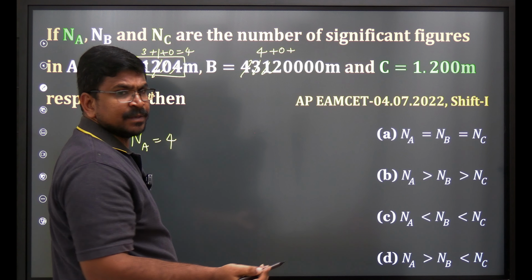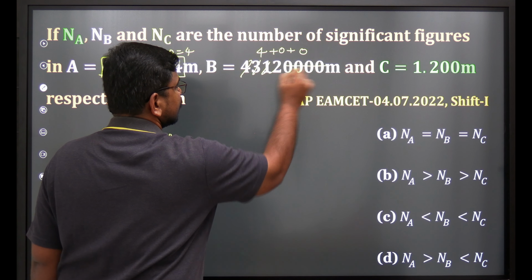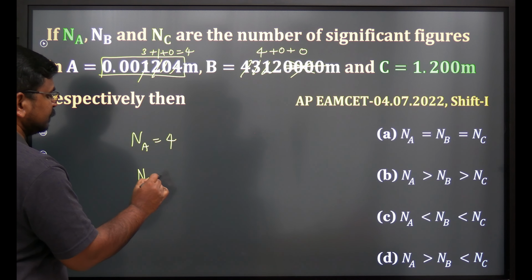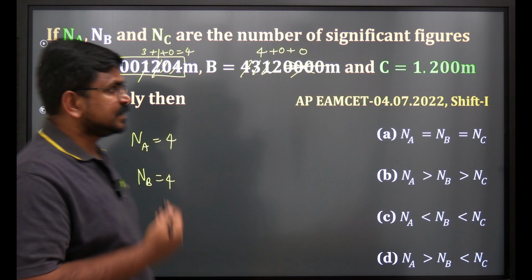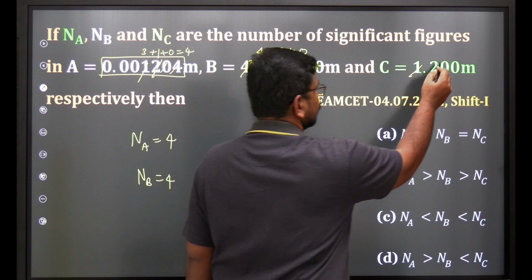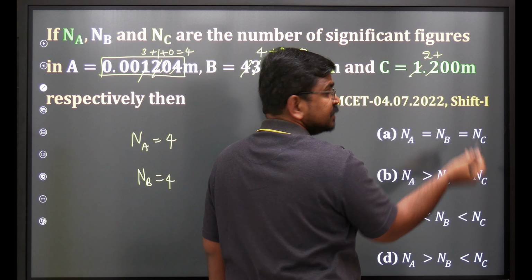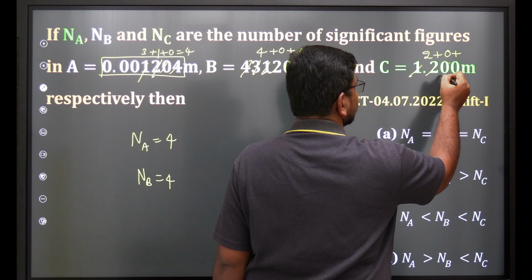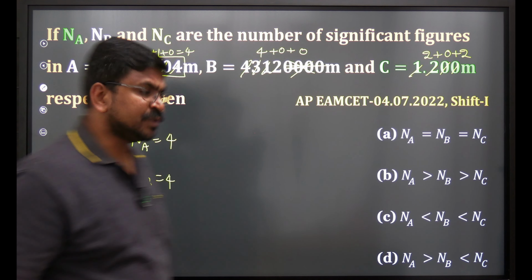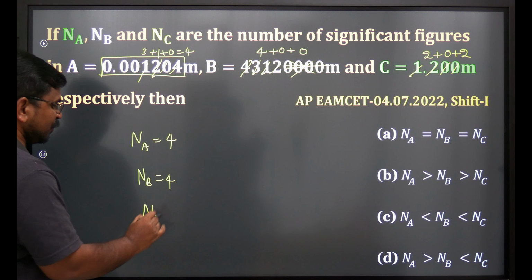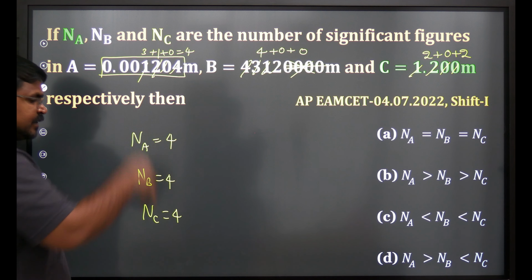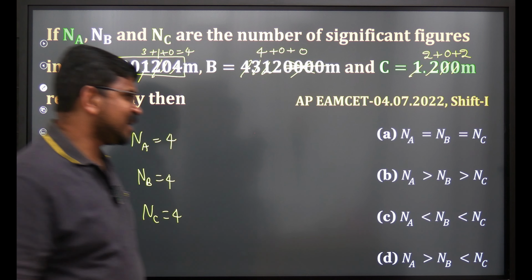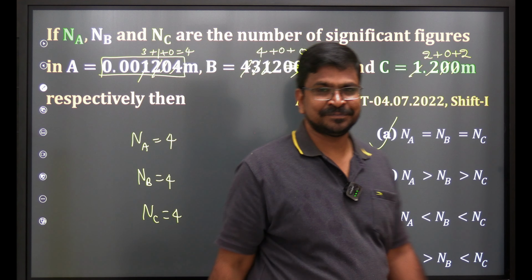In case of decimal, C is applicable, but it is not a decimal number, so the trailing zeros are not significant. So NB equals 4. In the case of C, the number of non-zeros is 2, no zeros between non-zeros, and the number of rightmost zeros is 1, 2. So 2 plus 0 plus 2, NC is also 4. So NA, NB and NC are all the same number. All are equal, so the answer is the first one.